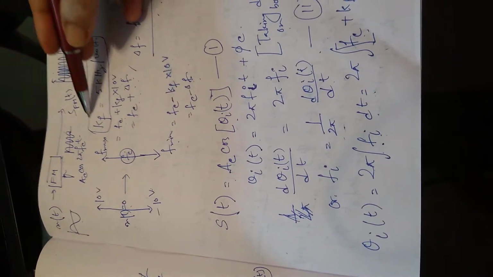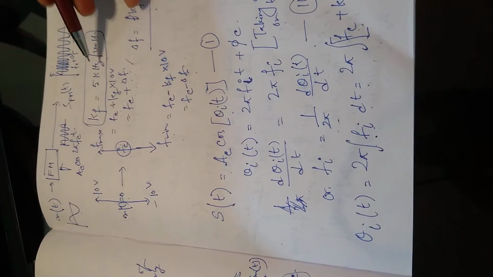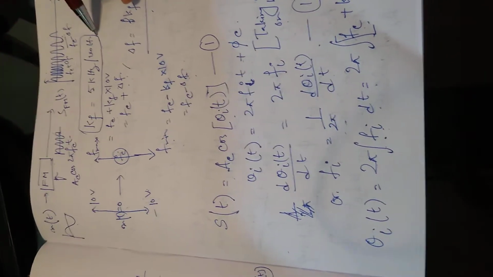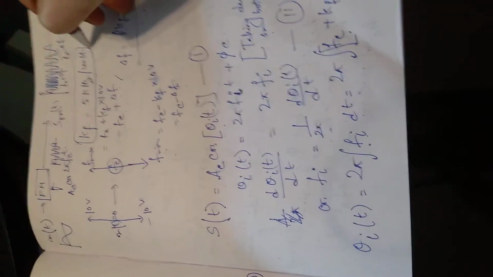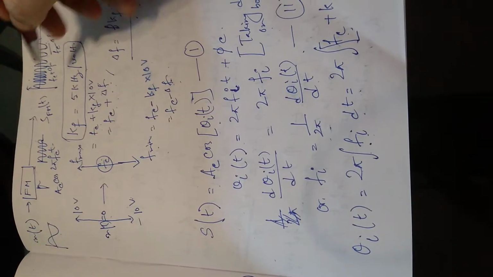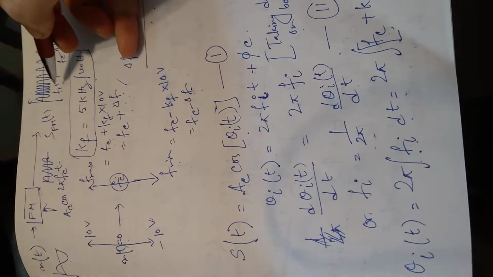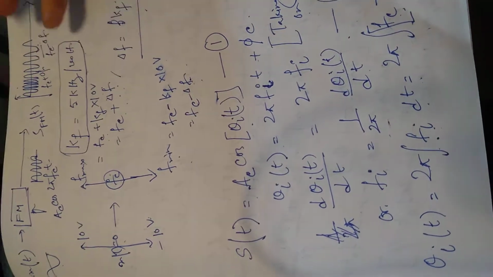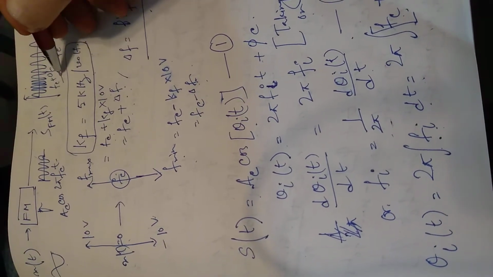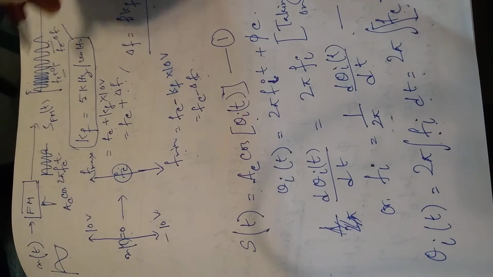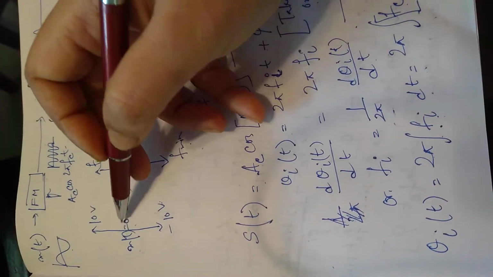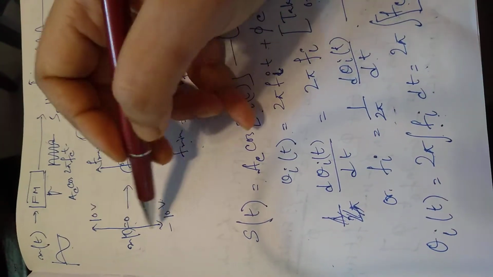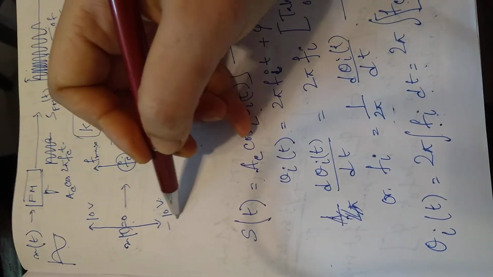Now if we take the example of this kf, the frequency sensitivity, as equal to 5 kilohertz per volt, then let me show you the frequency deviation formula, that is how much frequency is added or discarded: fc plus del f and fc minus del f. So this is m(t) at the 0th level, this is the maximum voltage, this is the minimum voltage, plus 10 volt, minus 10 volt.